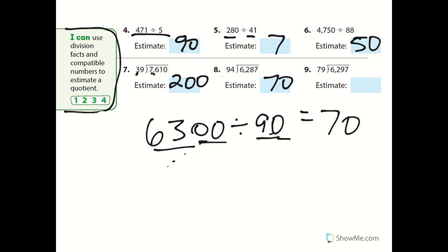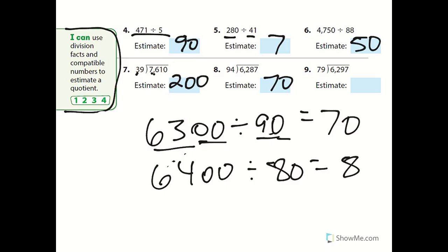I mean, maybe someone could say 6,400 divided by 80, right? And that would be 64 divided by 8 is 8. 2 zeros minus 1 zero is 1 0. But the 6,300 and the 90, so much closer. All right, you go ahead and try number 9, and then we'll go over it.